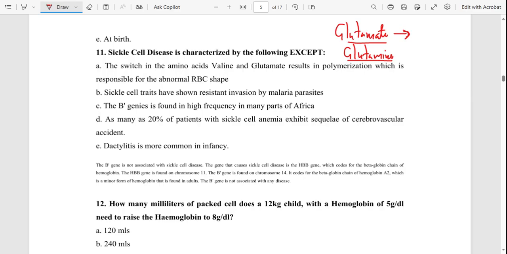Okay. So we have got sickle cell anemia and sickle cell trait. Anyone who can help us to differentiate the two? What's the difference between sickle cell anemia and sickle cell trait?